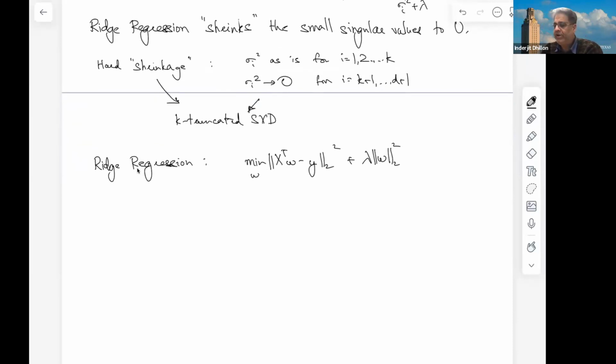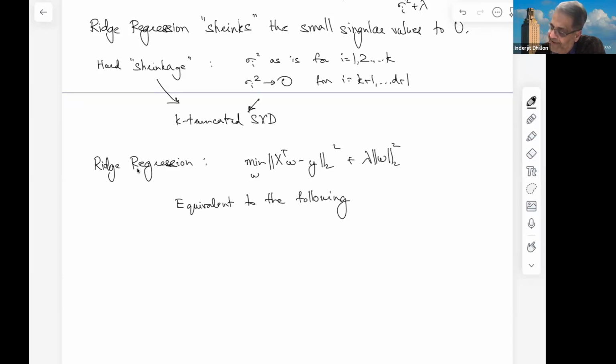This problem is actually equivalent to the following problem.